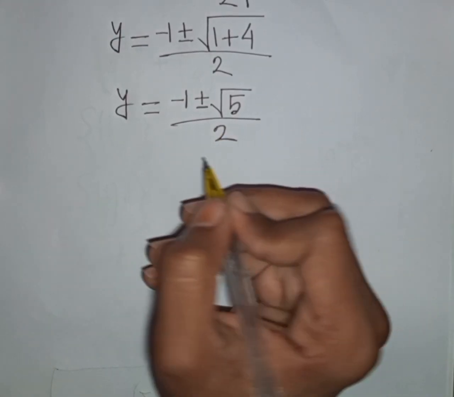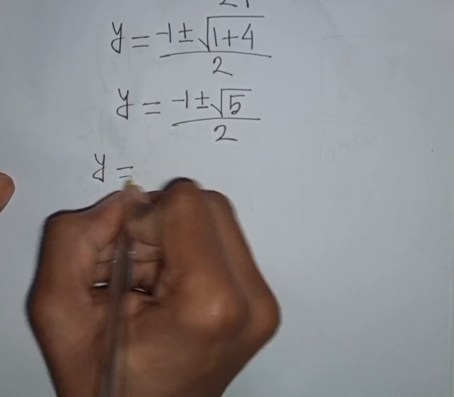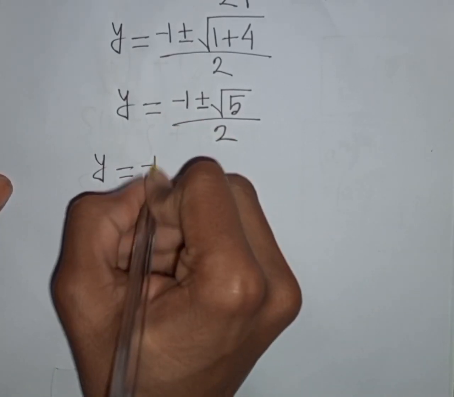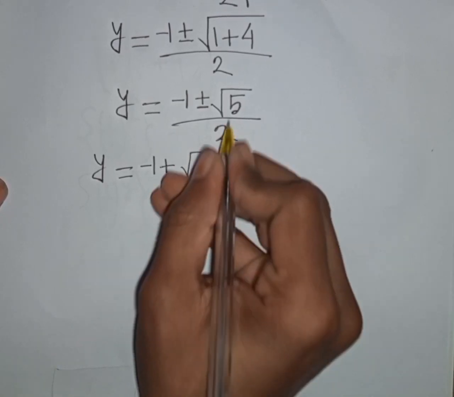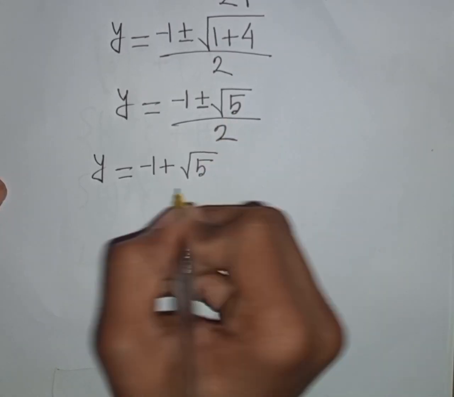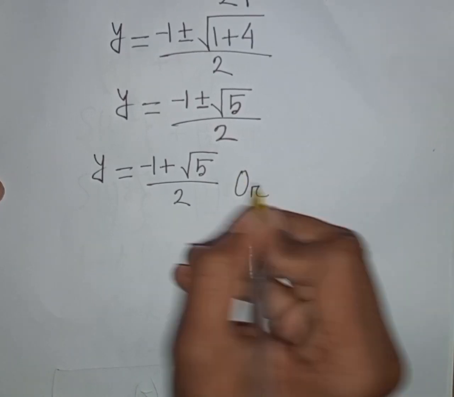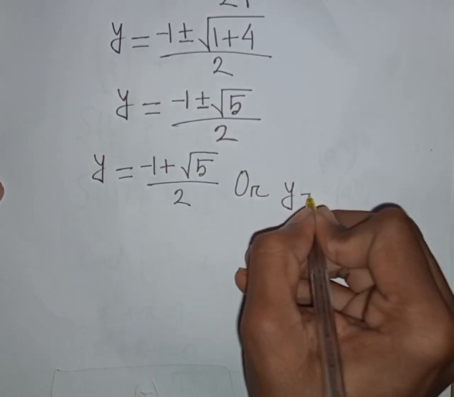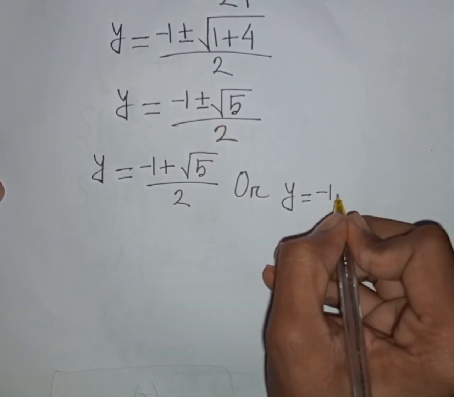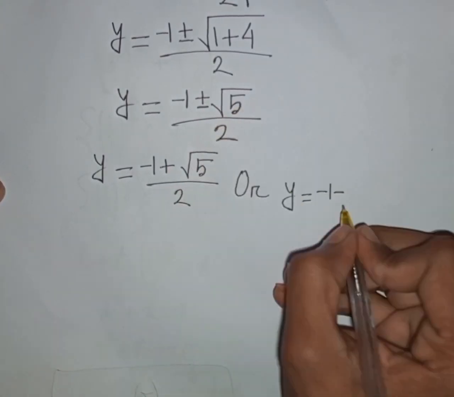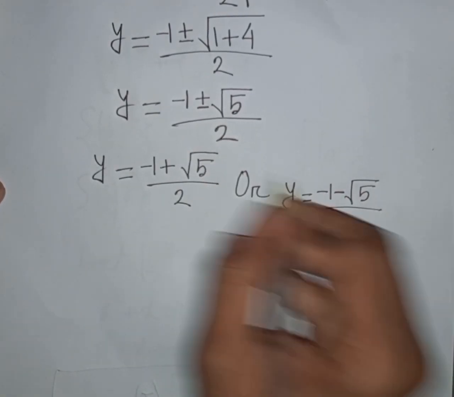Now we see two cases, so you can write y is equal to minus 1 plus square root of 5 divided by 2, or y is equal to minus 1 minus square root of 5 divided by 2.